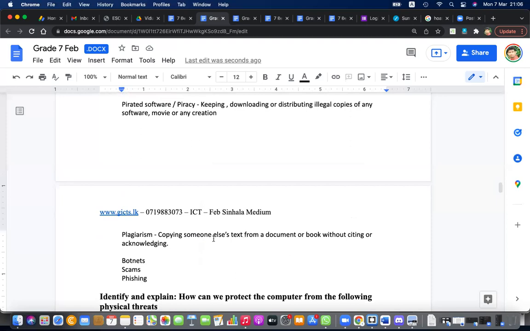If you copy and paste something from the internet into your document without permission, without citations, without acknowledging or telling the source or the site, and you take exactly what someone else wrote, that is called plagiarism. That is also a security problem.